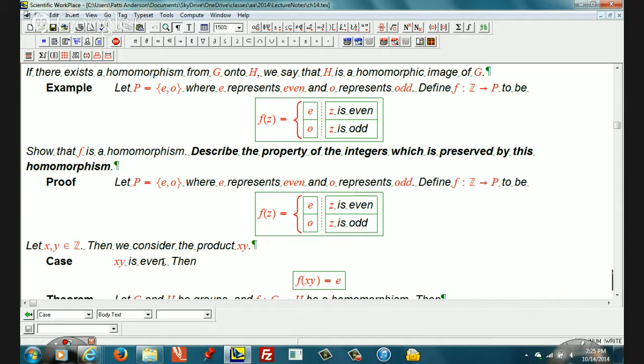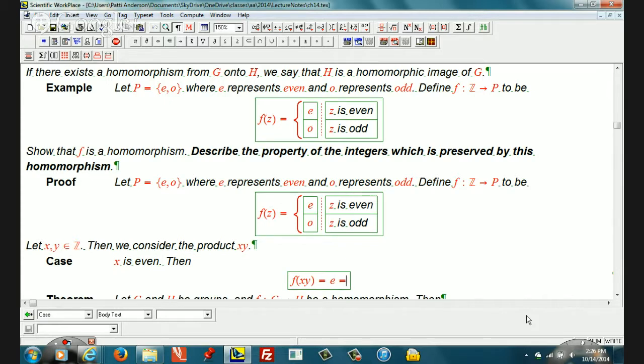Yeah, so let's break this up, and we'll say x is even or y is even. I'll break it up into cases. x is even, and it doesn't matter what y is. Then f of xy is equal to an even.